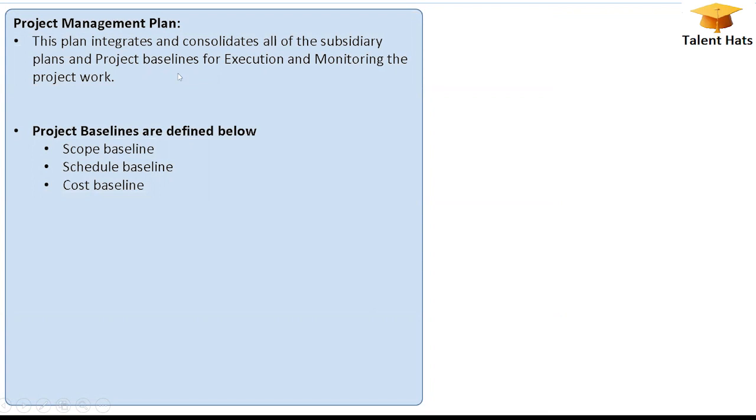Then only it will become a proper project management plan. When you just create a blank project management plan, it will just say that this project management plan is for this particular project and all the subsidiary plans are located in this location, and then you may have 5, 6, 7, 8 like that, and you will be able to see it.